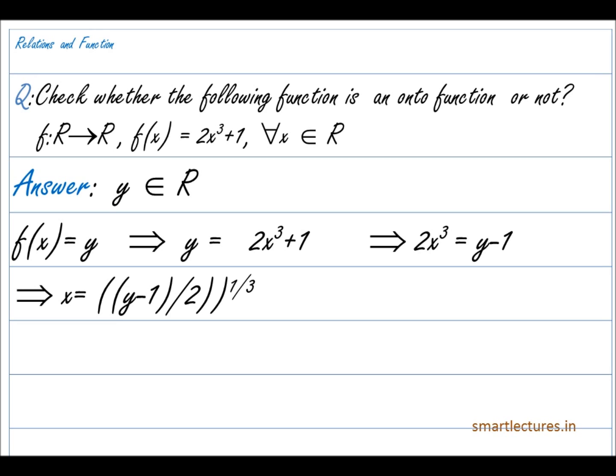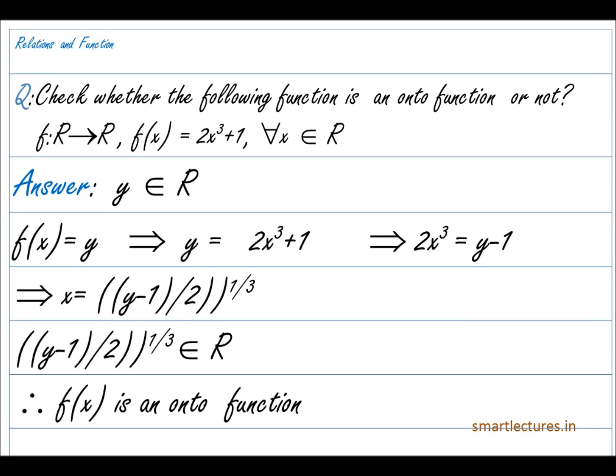And remember, step 4 says that this value, the cube root of half of y minus 1, must belong to set A, and the set A is a set of real numbers. And now, since the cube root of half of y minus 1 is a real number, that means the given function f of x is an onto function.